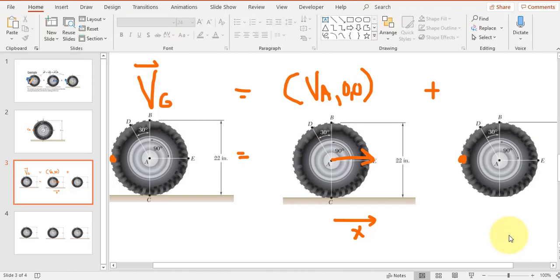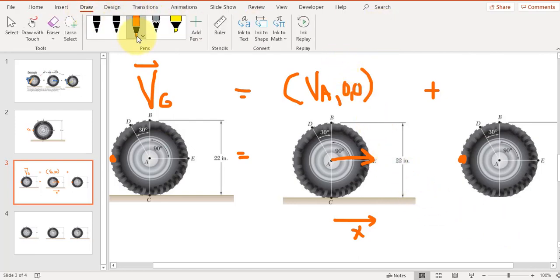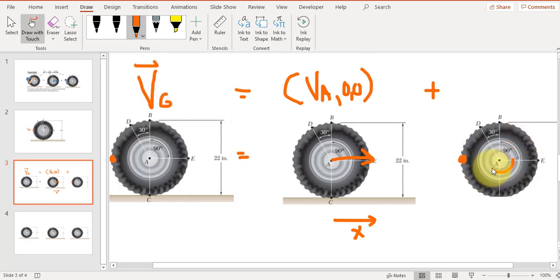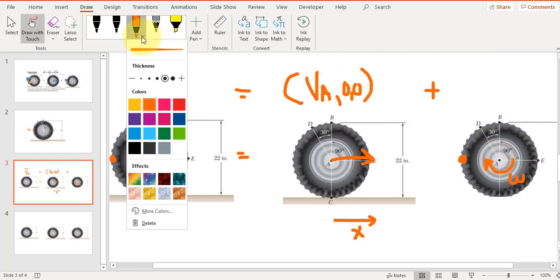So if all this tire was doing was just spinning in midair, it wasn't actually driving down the road, it was just spinning, and you looked at the velocity of some point on the edge of this, and maybe you knew the angular velocity, so radians per second. So you have some kind of a radians per second, and you also know the radius of this thing.